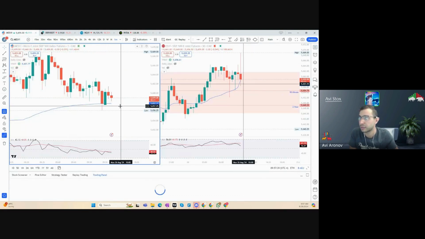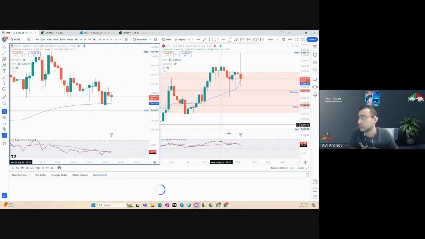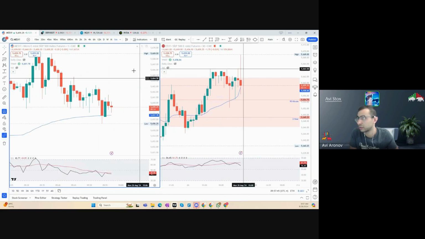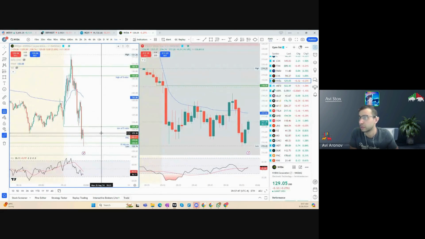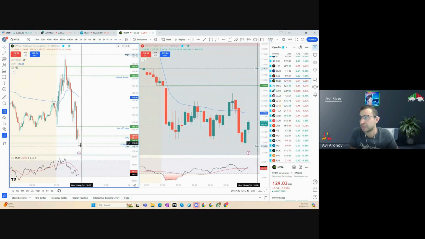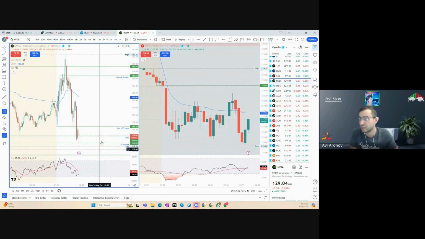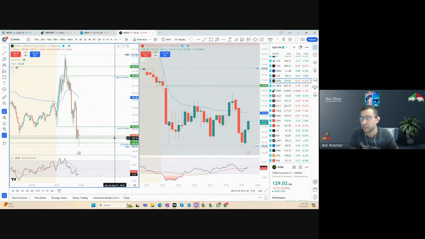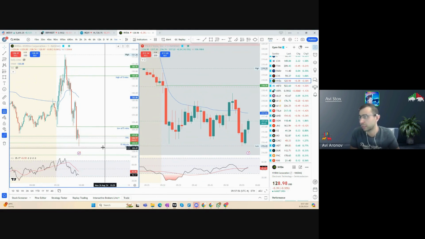Respecting this. See this 15-minute supply zone? It's very strong right by the pre-market lows.